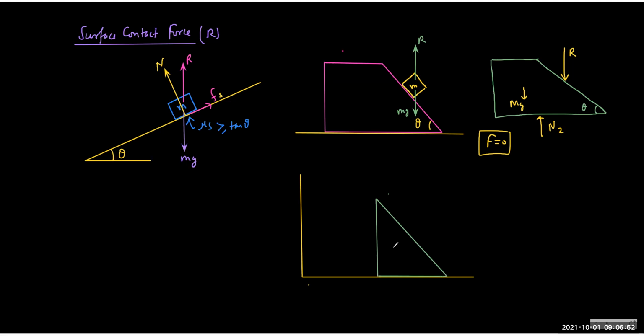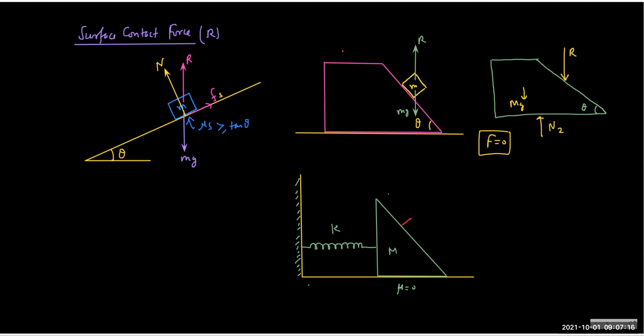Imagine there is a wedge of certain mass m. It is kept on a frictionless surface, and now there is a spring attached to it in a normal condition. So there is no compression in the spring.